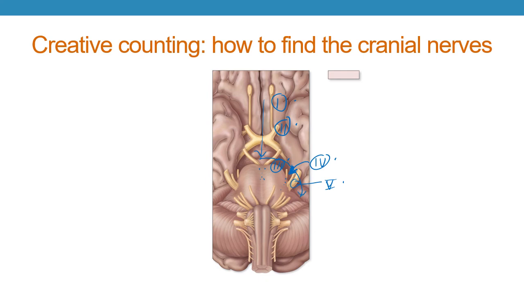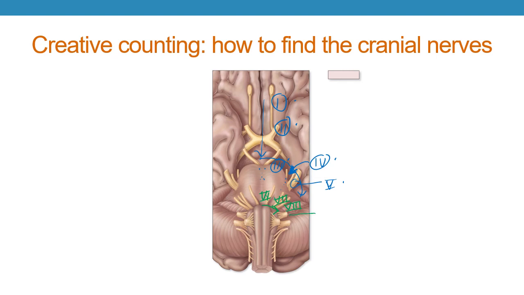Okay, then we switch counting to starting at the junction between the pons and the medulla, and we get cranial nerve 6, 7, and 8 all in a row here at the junction of the pons and the medulla.